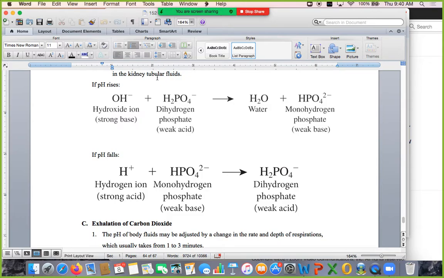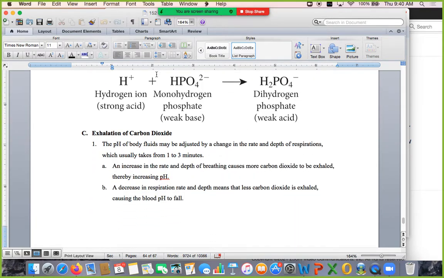And if the pH falls too far, we can use this hydrogen ion, convert it with that monohydrogen phosphate to become dihydrogen phosphate, so we can pull that hydrogen ion out of solution. This allows us to maintain the pH using the phosphate system, and it's kind of unique to the others because it allows us to pick up the hydroxide ions out of solution as well as the hydrogen ions.